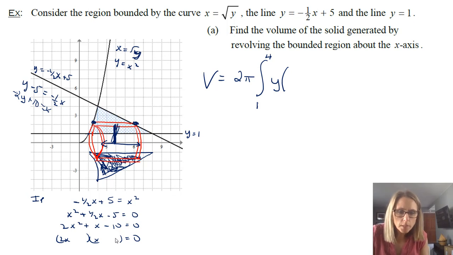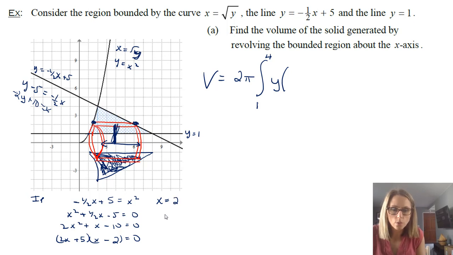I want a positive, so it looks like I'll have to use 2 and 5 with a plus and a minus. That gives us x equals 2 and x equals negative 5/2. Well, this is not part of our interval here, so we just have x equals 2.